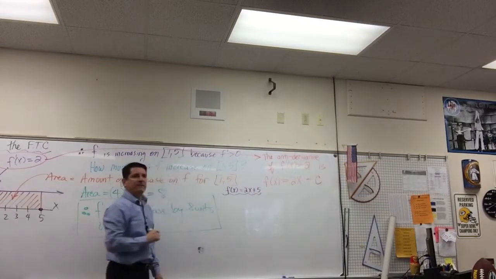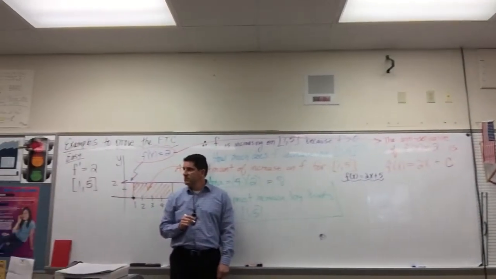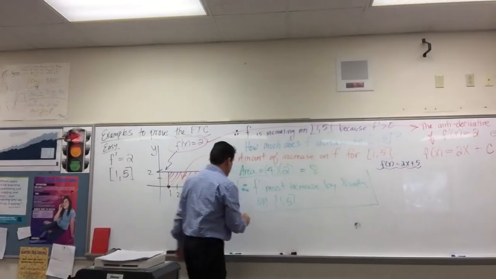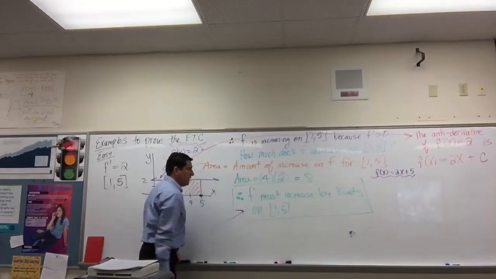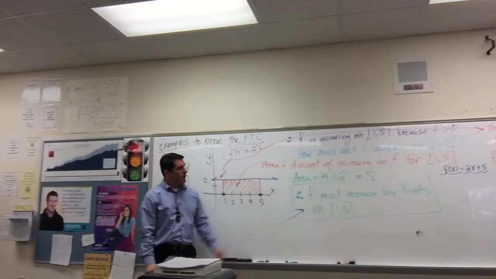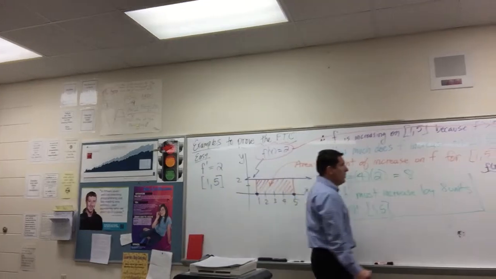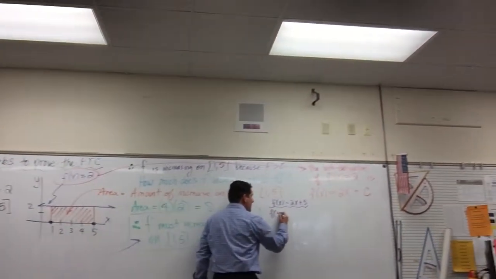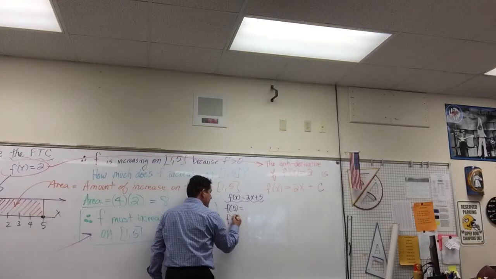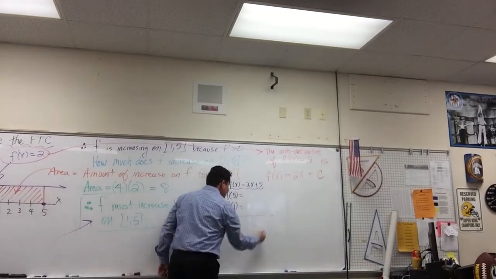Let's pretend I want 5 to be the c. How do we figure out how much f increases if my function is 2x plus 5? We compute f of 5, and we compute f of 1, and then we subtract them.